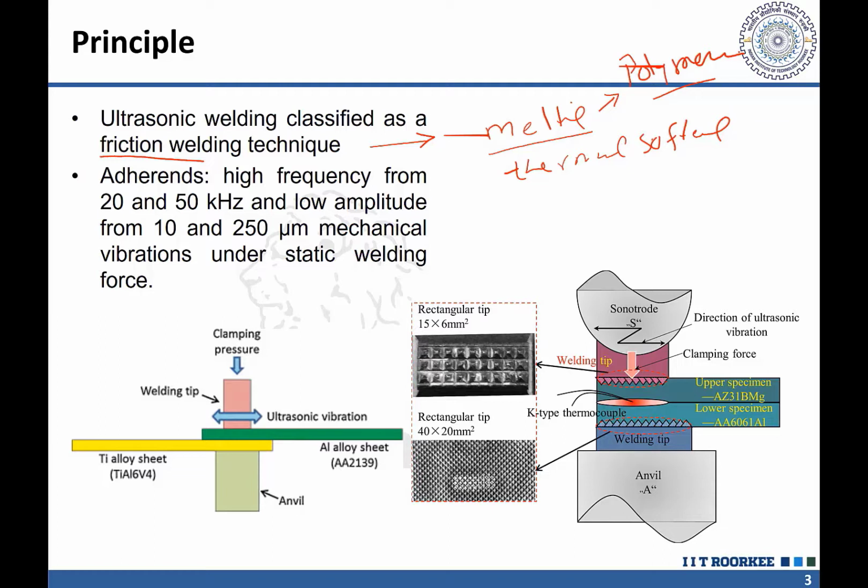So what we do, the components to be joined, say component 1 and another component, are placed in the lap joint configuration, and then with the help of the tool used in ultrasonic welding, that is called sonotrode or horn also, the mechanical vibrations are applied to the workpieces through this horn or sonotrode, and this facilitates two things.